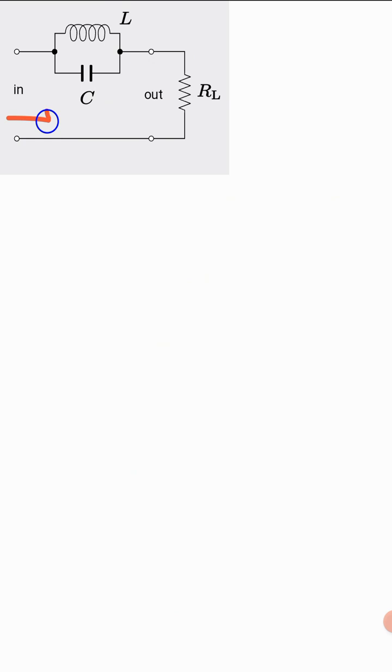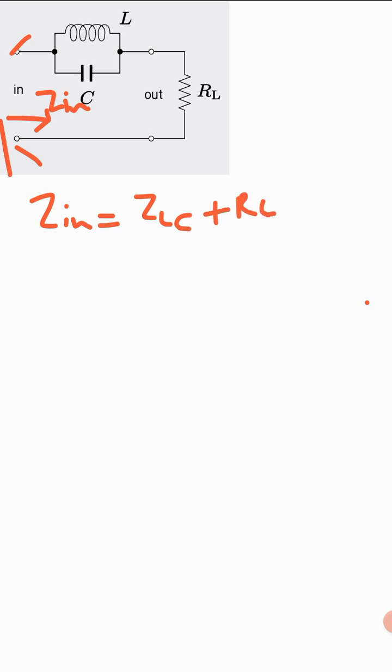Similarly, you look at the input side of the circuit by applying the open circuit rule. So you have the open terminals and you look into the circuit to calculate Z in. So it is your L and C in parallel, so that's the effective network ZLC, plus RL in combination with that.